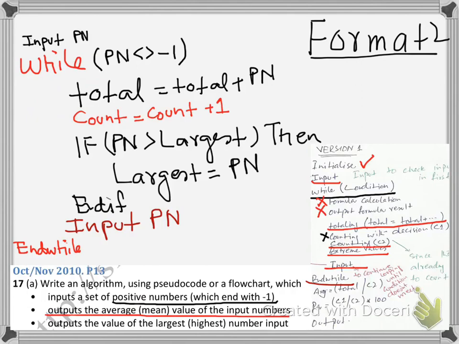Now your question requires you to do this average too. Okay, for this average, what we would do is simple, again as we were doing it in format 1: average is equal to total divided by count. Now earlier you had this total given, the number of values given, like 500 cars and 30 students.